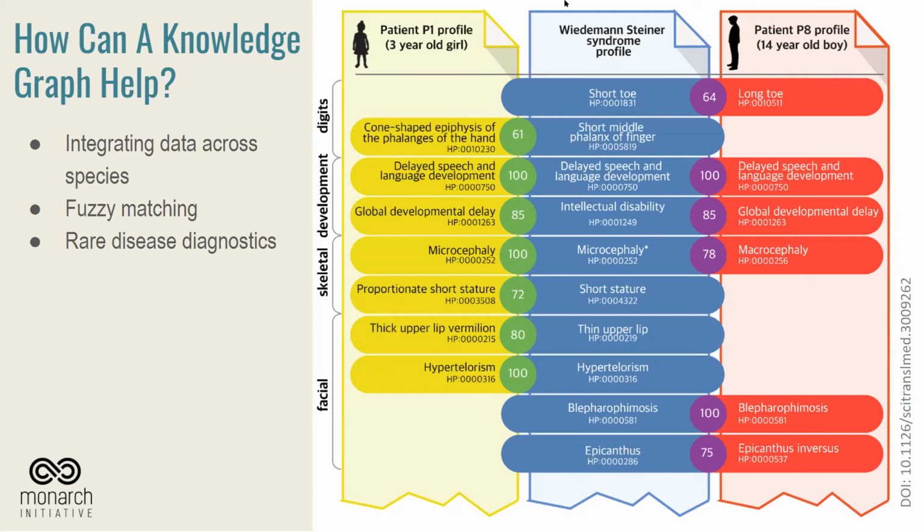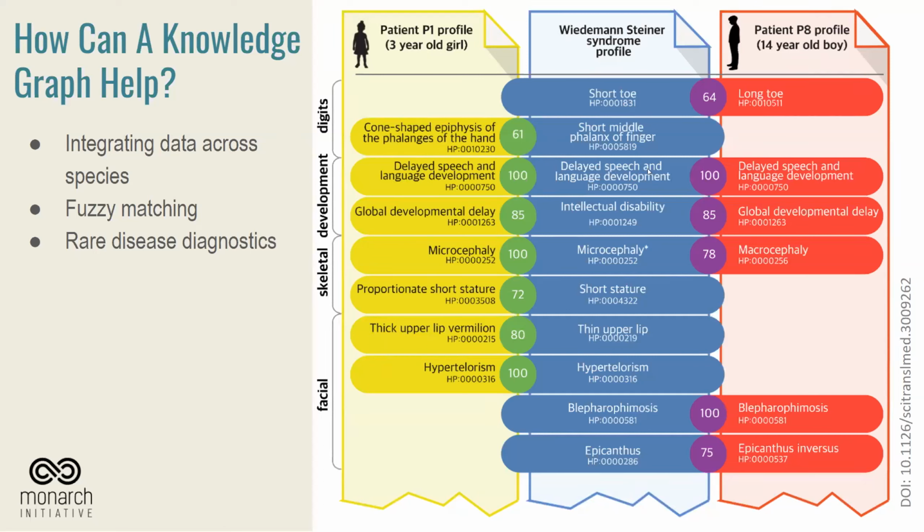For example, the system can know that a long toe and a short toe are both subclasses, or both types, of toe abnormalities. If you remember the cell ontology, it would be long toe is an abnormal toe, or that microcephaly and macrocephaly are both abnormal head phenotypes.